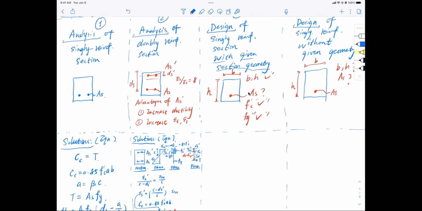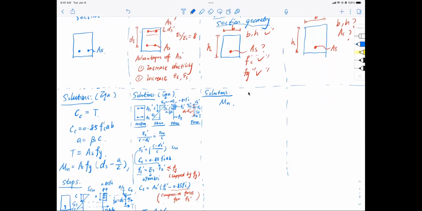And for that, usually in terms of solution, I often give you the Mn, and you need to find out the As. To be precise, the number of bars, and also what is the minimum beam width, and also bar spacing.